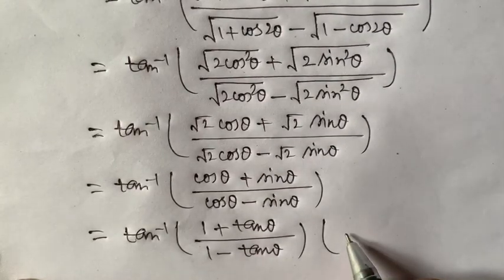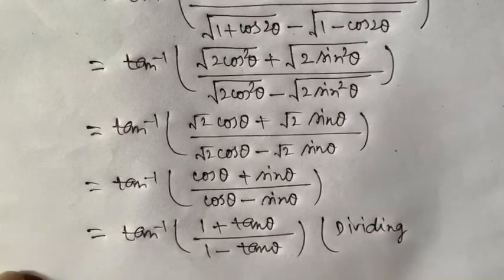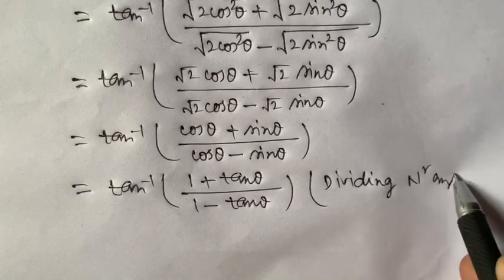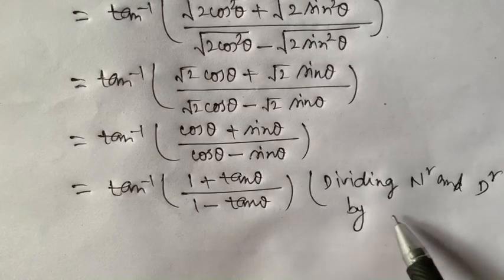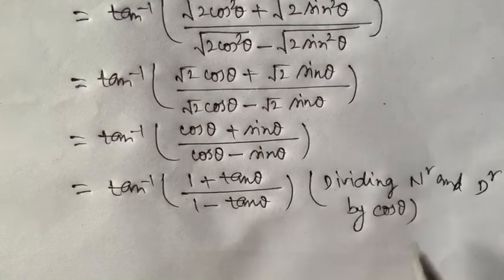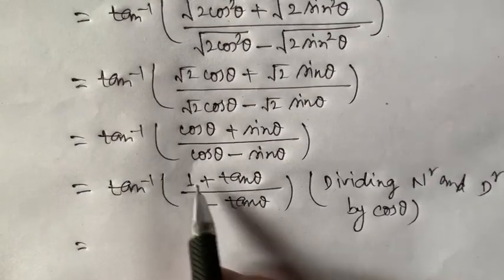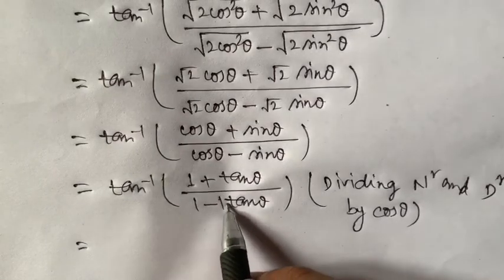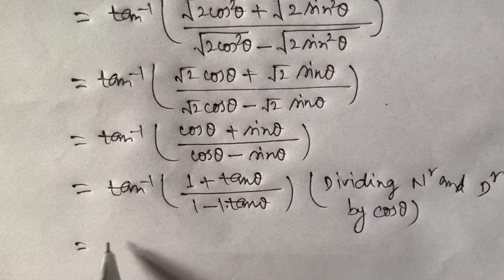It is dividing numerator and denominator by cos theta. So we have this one. Now we will write this one as pi by 4. We have already done it, and we will introduce 1 here and write that one as tan pi by 4.